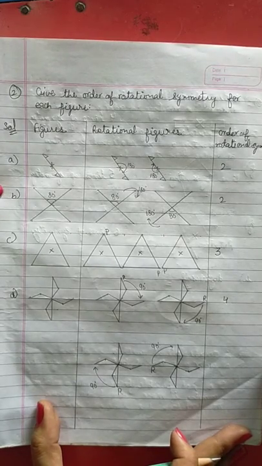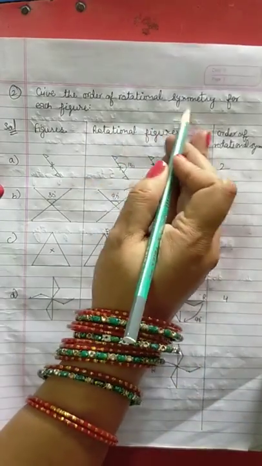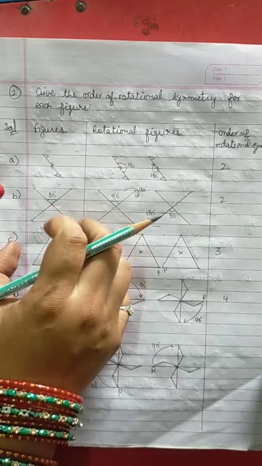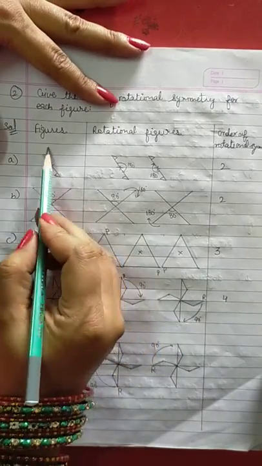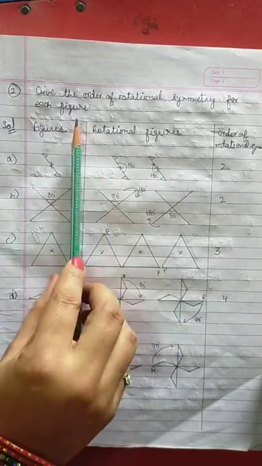In the next question number 2, they ask us to give the order of rotational symmetry for each figure. It means we have figures and we have to write the order of rotational symmetry. Here in this diagram, I am going to rotate it, as this pencil is given to you.